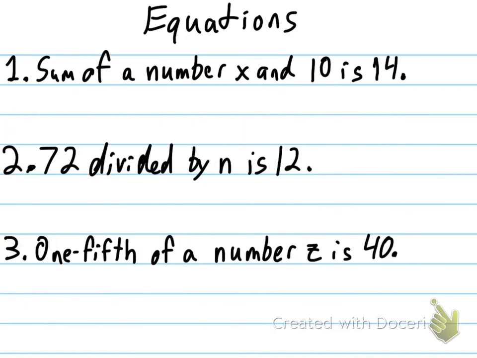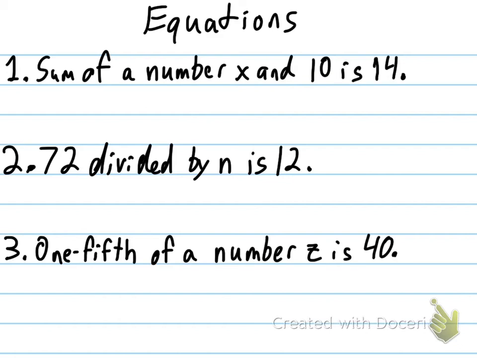Okay, now let's work with some equations. The first one says the sum of a number x and 10 is 14. So again, we are just going to break it down. So sum of a number x and 10. So it's telling us it specifically wants us to use x as our variable.